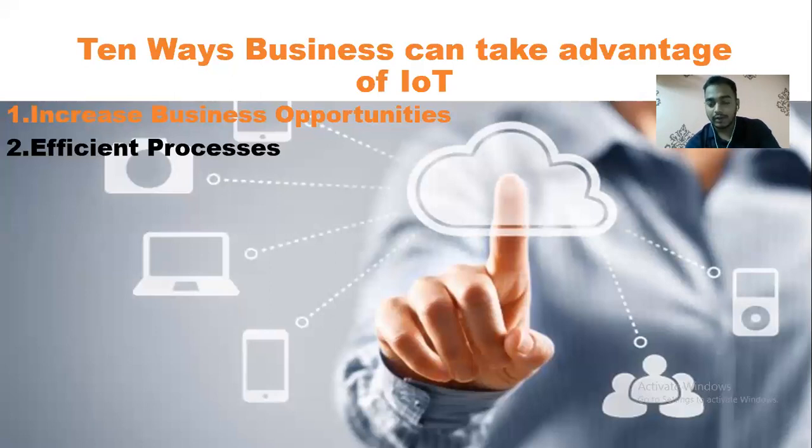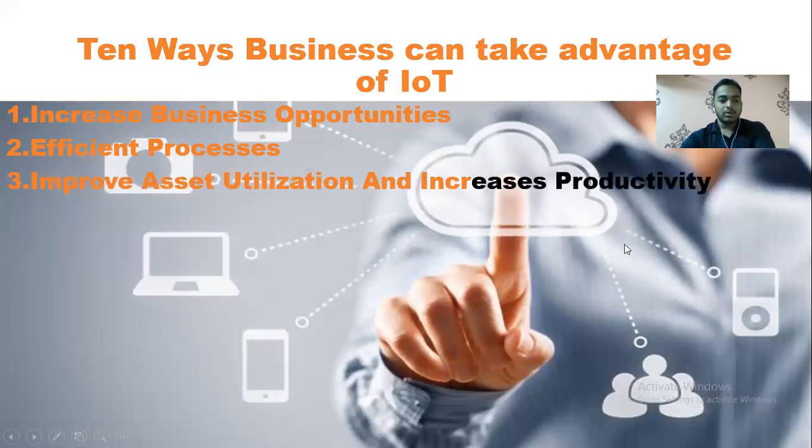You are investing lots of money when you start putting your money into that process, the first amount is very huge. After that you don't need to take care of or maintain those processes. The IoT technology will automatically do that work. So this is all about the efficient processes.